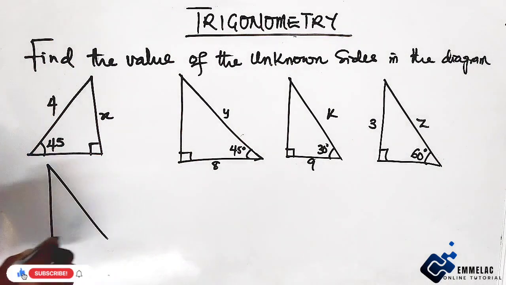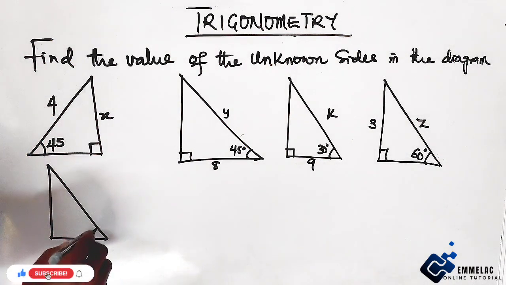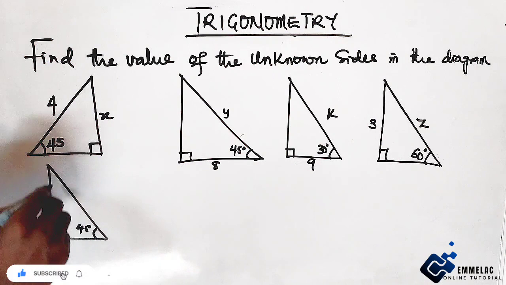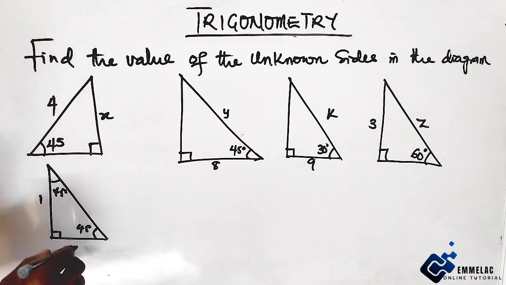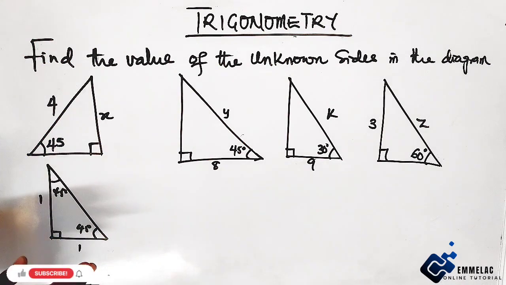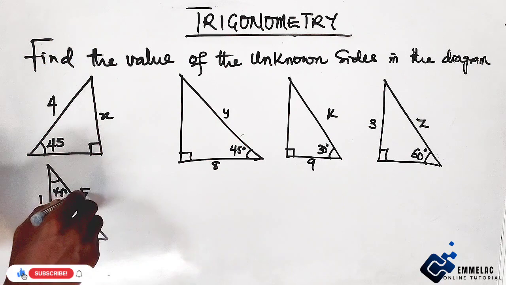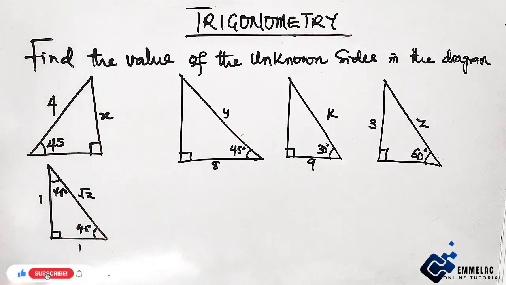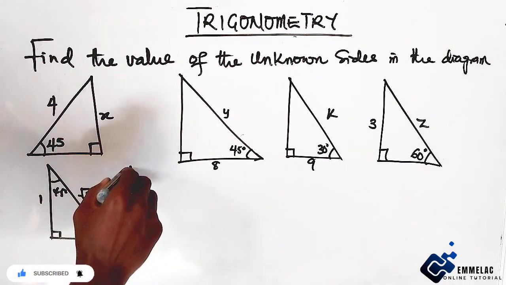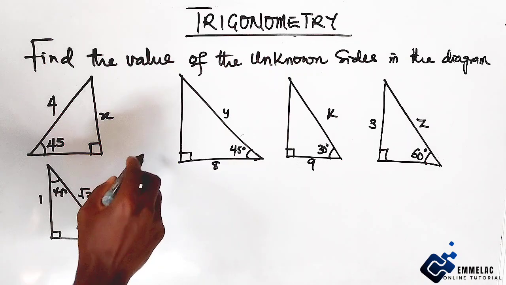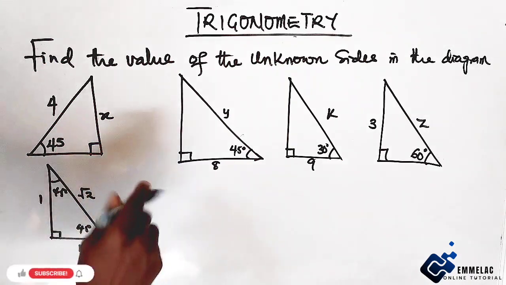Now let us bring back to memory the trigonometry ratios. I'll be using the triangle. Take this for the 45. We know that this side and this side are the same, so this is 1 and 1, and using the Pythagoras theorem, here will give us root 2, and for the angle 90, for 60 and 30, let's make use of this.